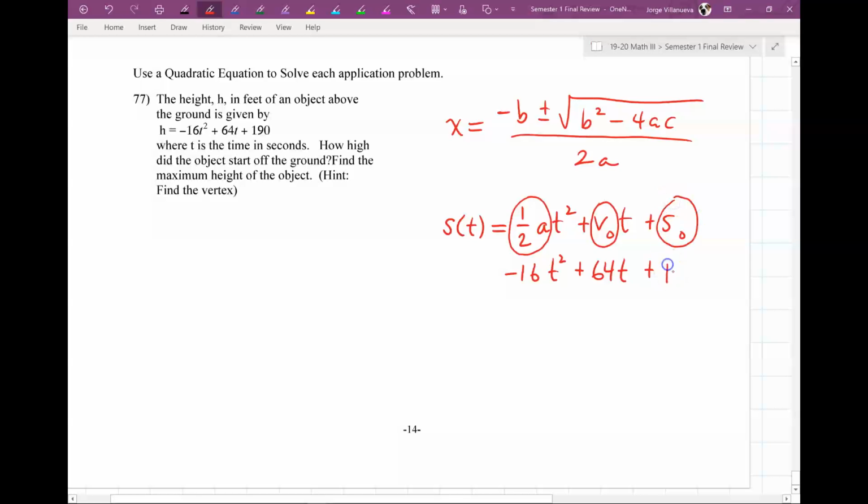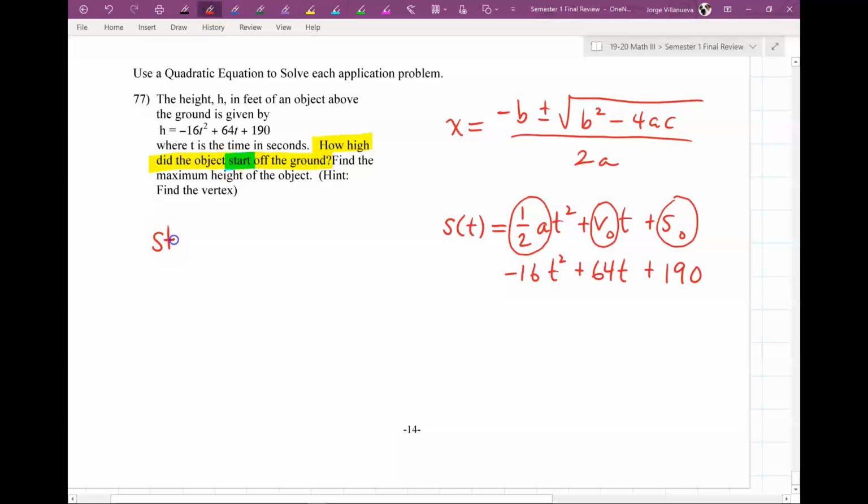What is S naught? That's 190, but what does it mean? S sub 0 actually means where you started. S sub 0 means your starting height. So let's read the question. How high did the object start off of the ground? What should I say? 190.